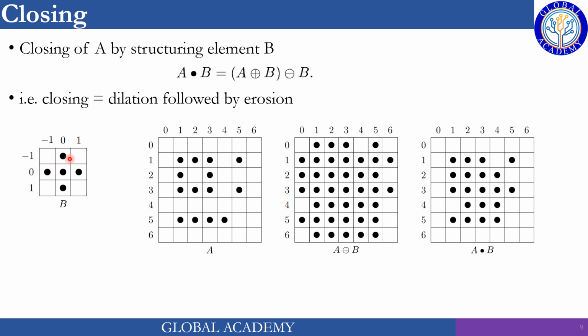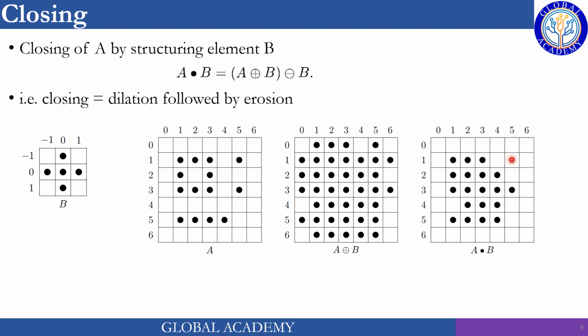So we have this image A and this structuring element B. By applying dilation, first we got this image, and then after erosion we got a slightly shrunken version. So you can see this closing has filled up the empty pixels, the blank pixels, the missing pixels, and just joined all the pixels in a way.